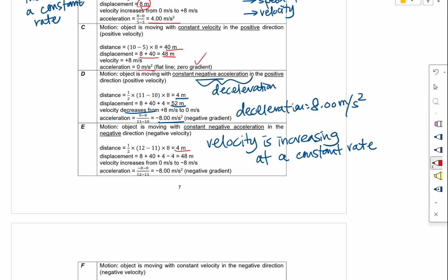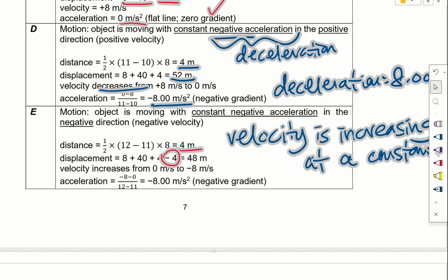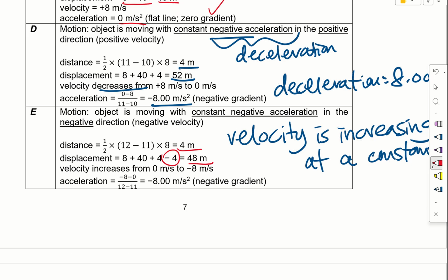Because for distance, there's no positive or negative. There's no direction involved. So it is still moving, although it is moving in the opposite direction. So in this case, for the displacement, we need to minus off this distance traveled, because now it's traveling back to the original position, to the left. So the displacement is 52 minus 4, which is 48.